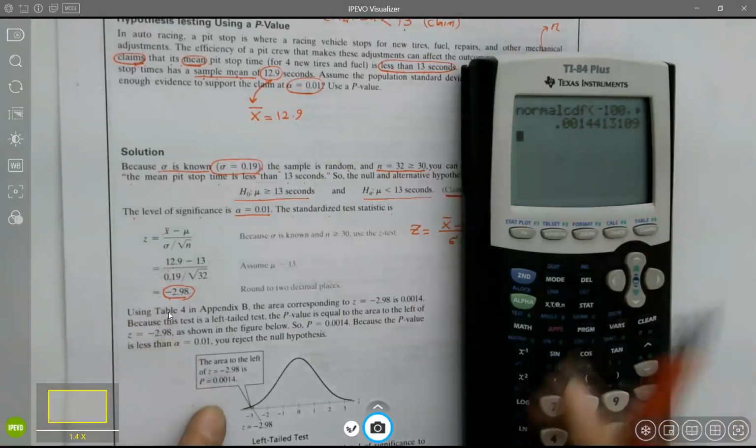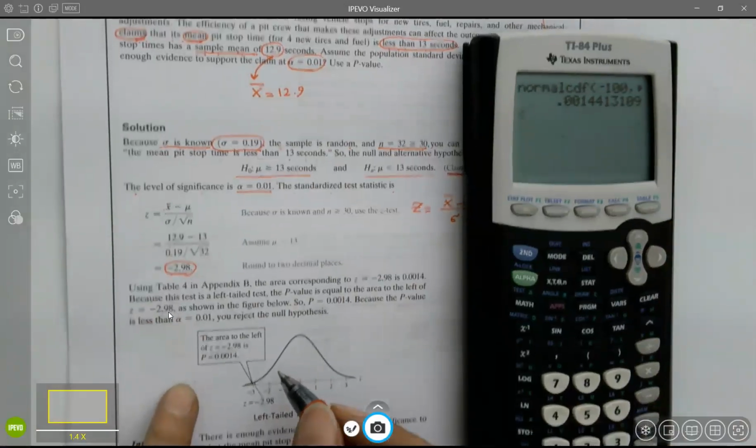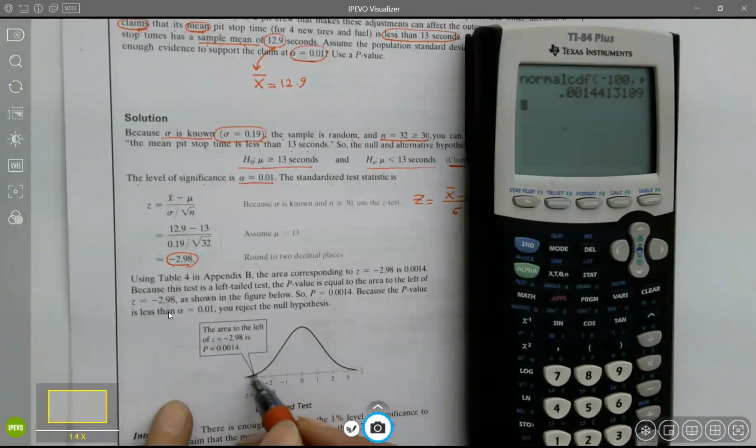This is this little area here to the left side of your z. This is a very small area.